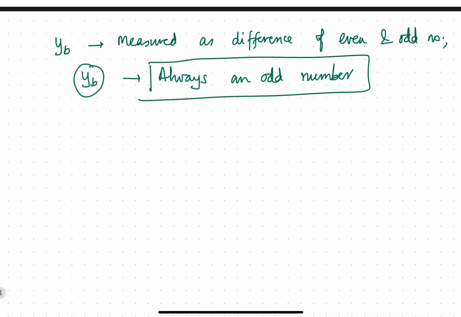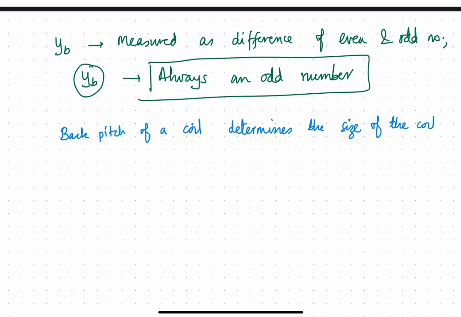So what does this back pitch help us identify? This back pitch of a coil determines the size of the coil, and it is nearly equal to the coil sides per pole.